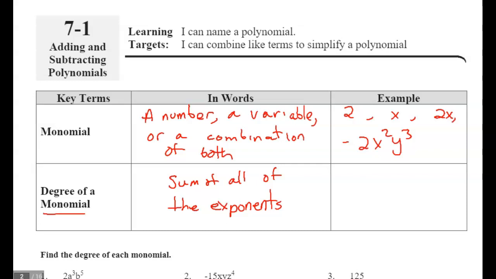So some examples that I did. If we take something like a 2x, okay, just a 2x. The 2x has a degree of 1. Why does it have a degree of 1? Well, it's x to the first power.